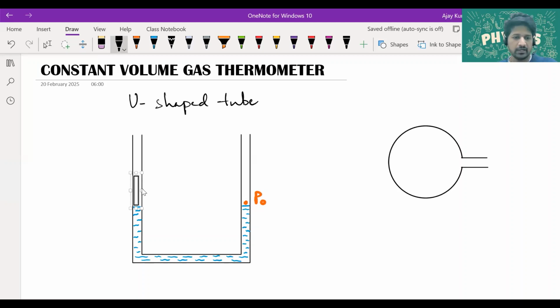Or you add some extra weight on one side. You apply a force here. What do you think will happen? Will the liquid level still be the same on both sides or will it change? That is my question.